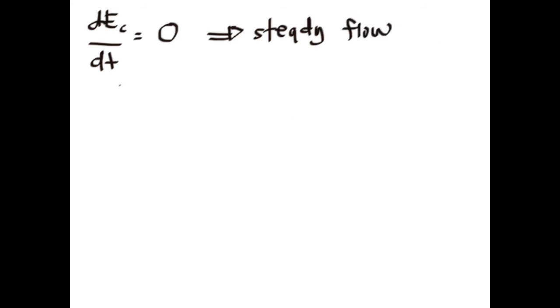For a steady flow, you can use one notation for the mass flow rate because mass in is equal to mass out. And then for the shaft, we can have either the pump or a turbine.